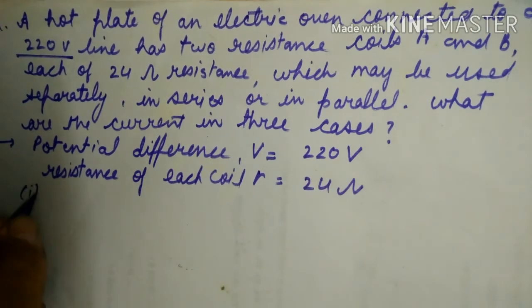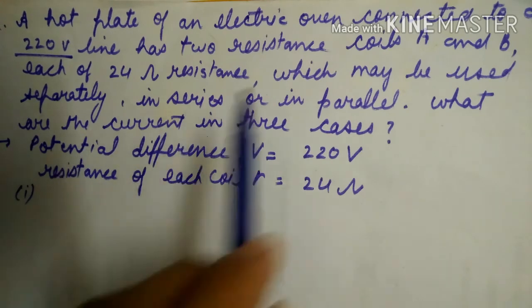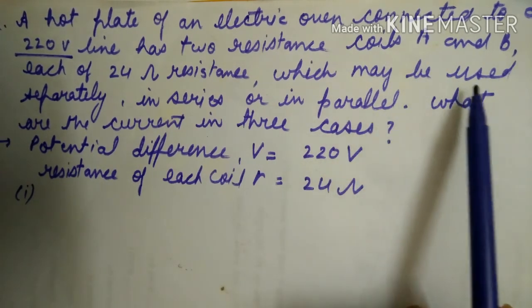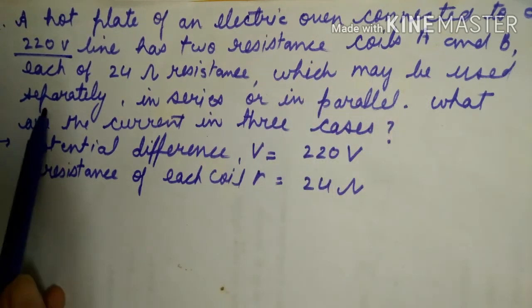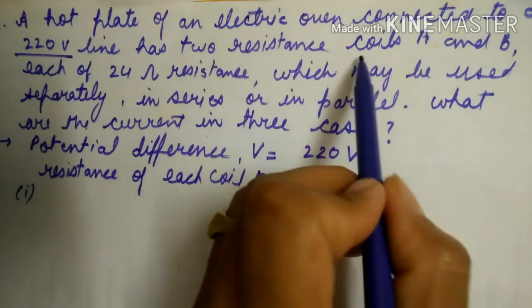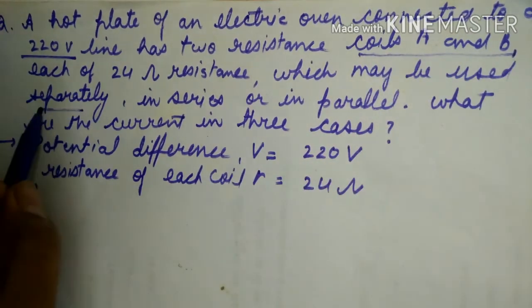Now they are asking about three cases. In the first case, when coil A and B may be used separately. Two coils are here, coil A and B may be used separately.